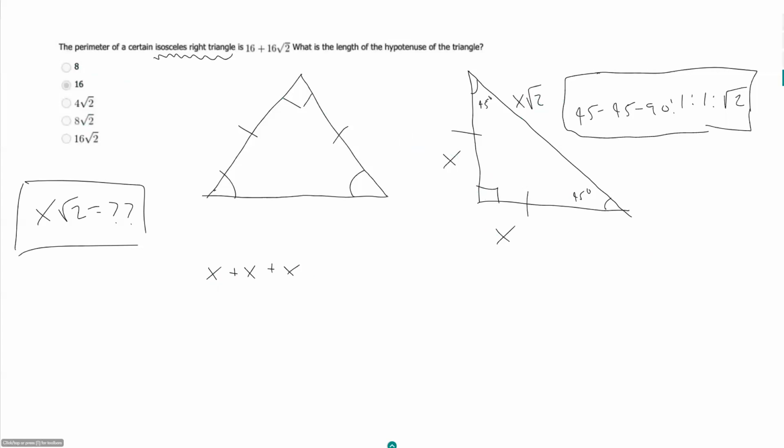So our perimeter is equal to 16 plus 16 rad 2. And maybe let's try and do it this way. So now we know 2x plus x rad 2 is equal to 16 plus 16 rad 2.